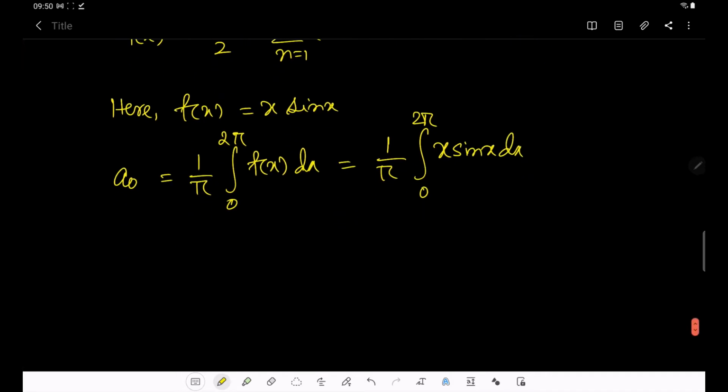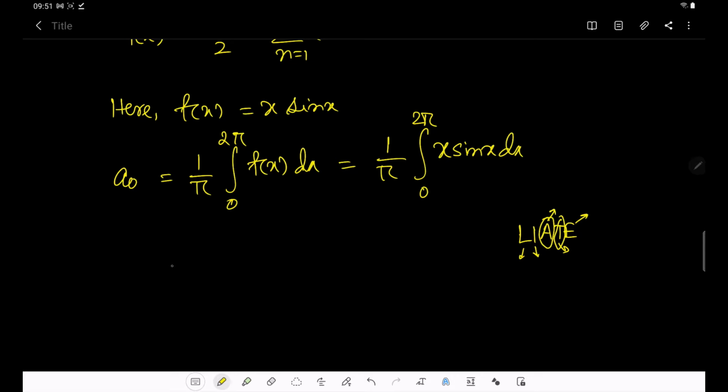Now we have to perform the integration. For that, let's remember the LIATE technique, where L is logarithmic functions, I is inverse trigonometric functions, A is algebraic functions, T is trigonometric functions, and E is exponential functions. Here we have x, an algebraic function, followed by a trigonometric function.